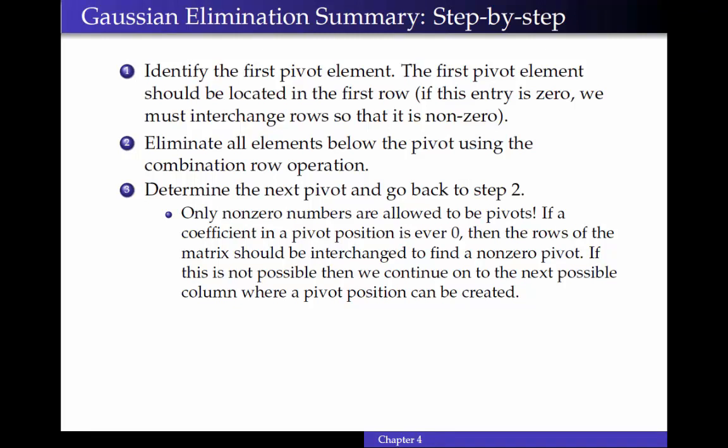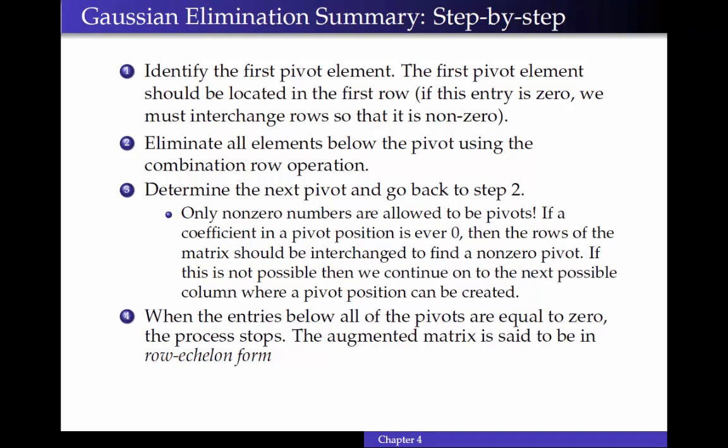Again, only non-zero numbers are allowed to be pivots. If you find that the coefficient in a pivot position is 0, then we have to interchange the rows to find a non-zero pivot. If this is not possible, if everything in that column is 0, then we continue on to the next possible column where we can find a pivot position.